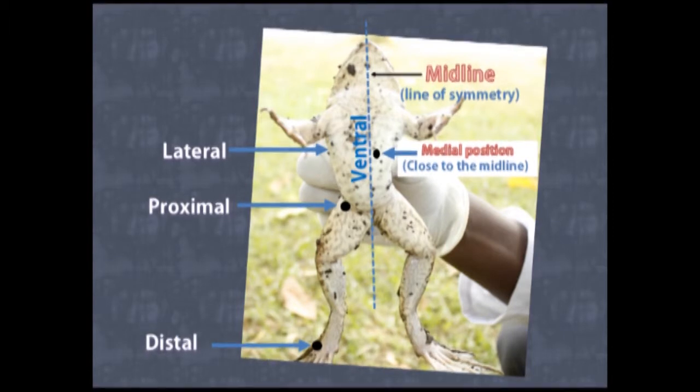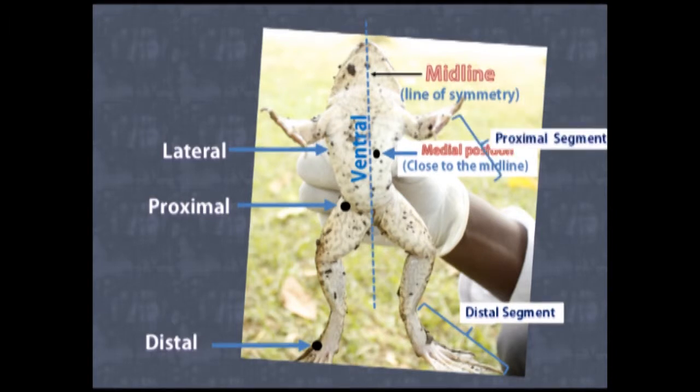Therefore, if the examiner says, make a drawing of the distal segment of the hind limb, this is what they mean. If they said, make a drawing of the proximal segment, this is what they mean.